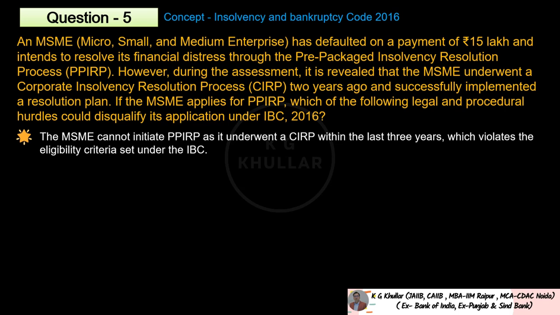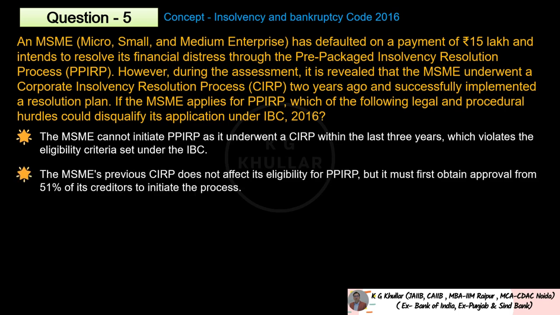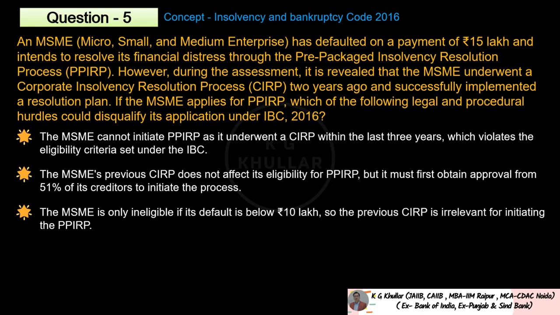And the first option is, the MSME cannot initiate PPIRP as it underwent a CIRP within the last 3 years, which violates the eligibility criteria set under IBC. The second option is, the MSME's previous CIRP does not affect its eligibility for PPIRP, but it must first obtain approval from 15% of its creditors to initiate the process.